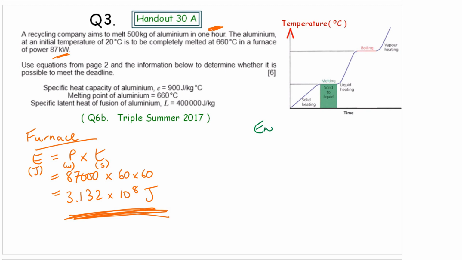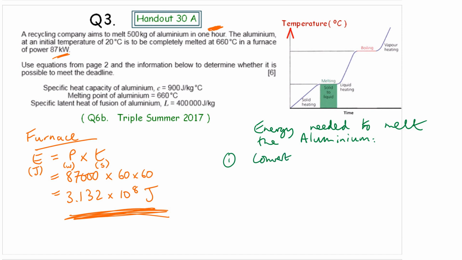Well, let's find out. The energy needed to melt the aluminium. First off, number one, convert aluminium from solid into a liquid.